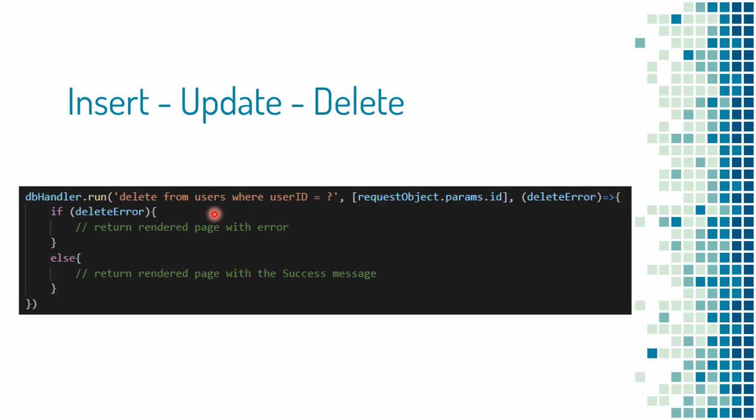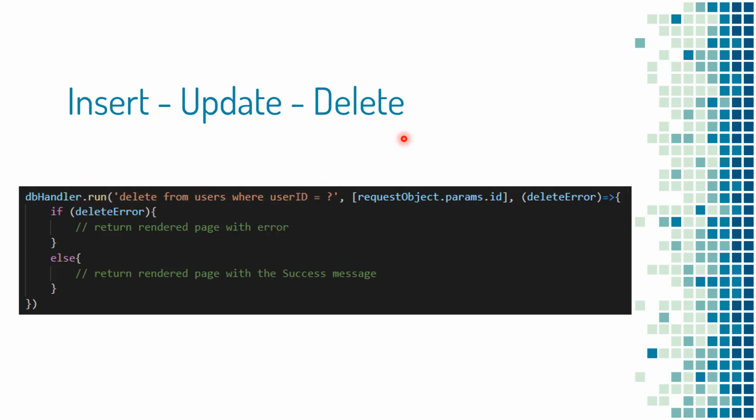So the way it works, all you need to do is change the command here based on the database you have. Here I'm doing delete. If you want to insert or update, you can just change the command or the SQL here.